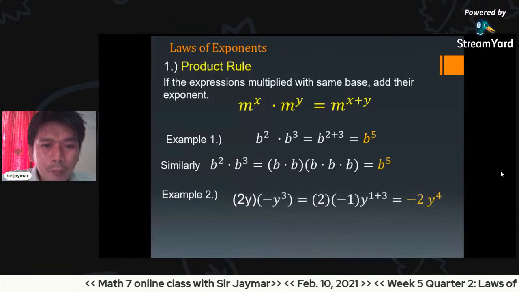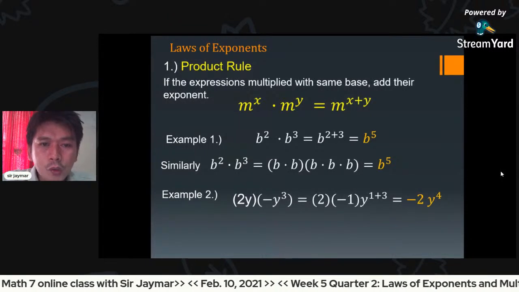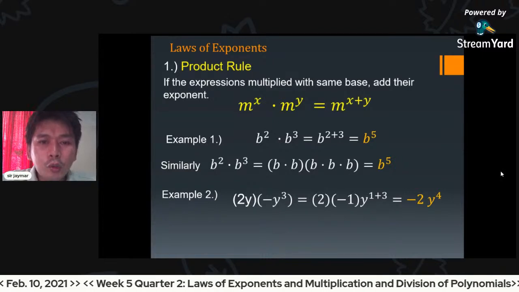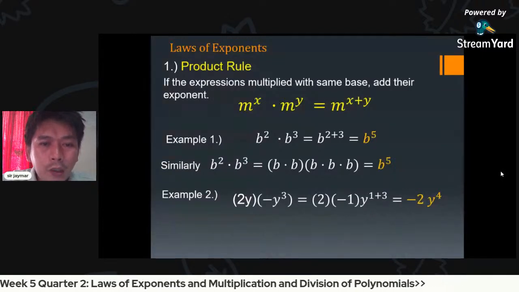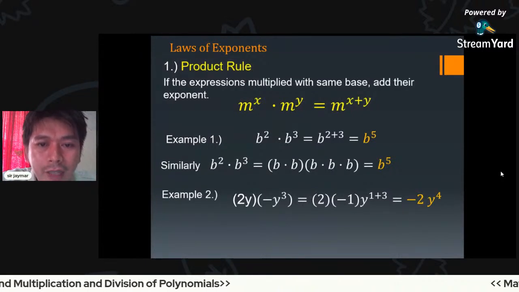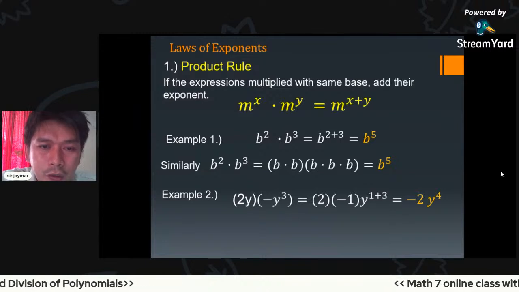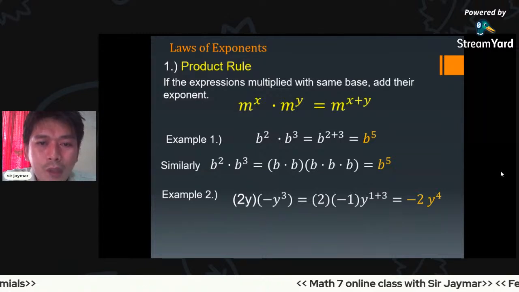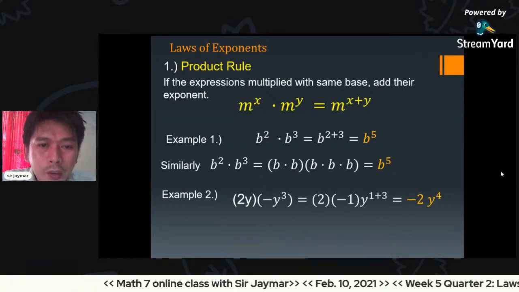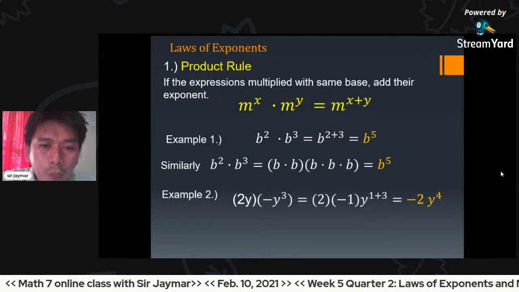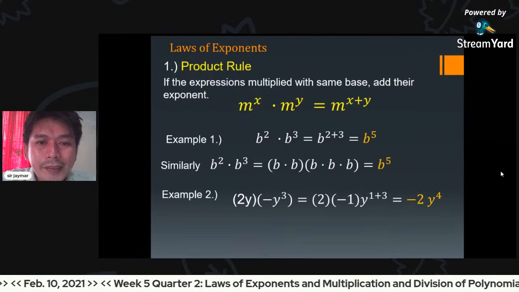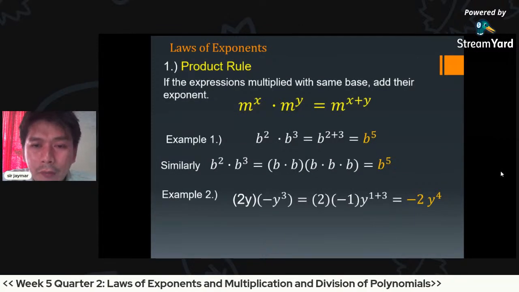Again, in example number 2, 2y multiplied by negative y cubed is equal to 2 times negative 1. In negative y cubed, there is negative 1 as the numerical coefficient, even though there is no number you can see. So it represents negative 1. So 2 times negative 1 times y, then you add the exponent of y, that is the invisible 1, plus the 3, which becomes 4.